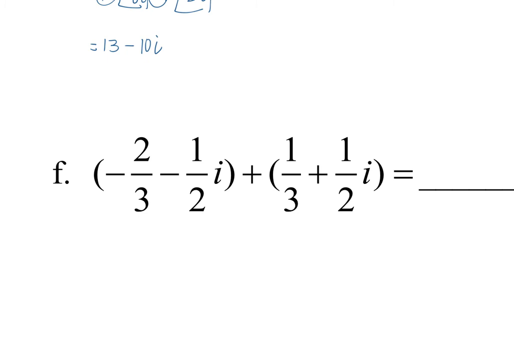If you add negative 2/3 and positive 1/3 in the calculator or by hand, you get negative 1/3. And then I'm going to combine negative 1/2 i and positive 1/2 i. They completely cancel to give you 0i, I guess. Now, I personally like the answer like this, but I guess this is more correct.